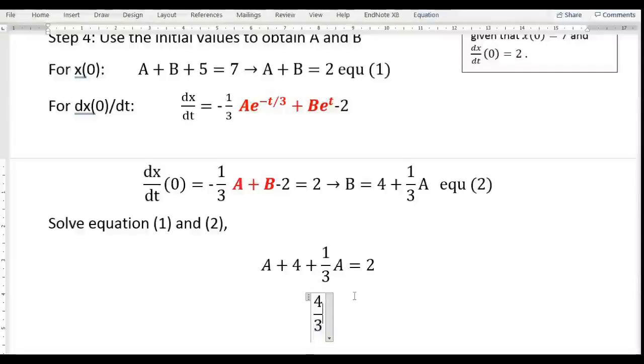Then 4 over 3 a is equivalent to 2 minus 4, which will give me minus 2. So in that case, I will have a is equivalent to minus 3 over 2.